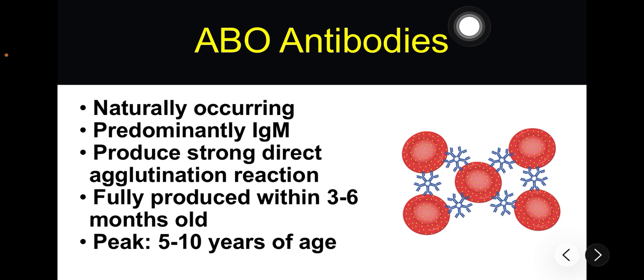The type of antibody a person produces depends on their ABO blood group. For group A and B individuals, their anti-B or anti-A is predominantly of the IgM class, though they may contain small amounts of IgG. I have already mentioned this in the previous discussion. For group O individuals, their anti-A and anti-B are primarily of the IgG class.